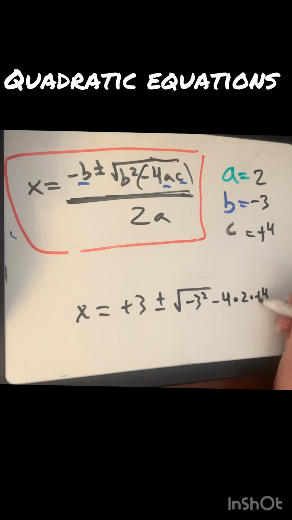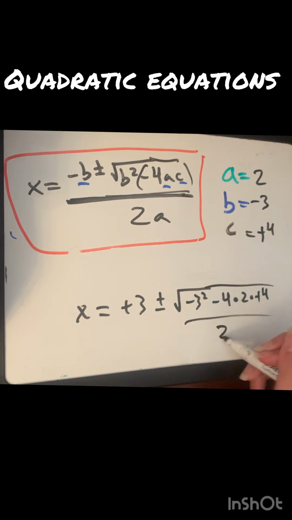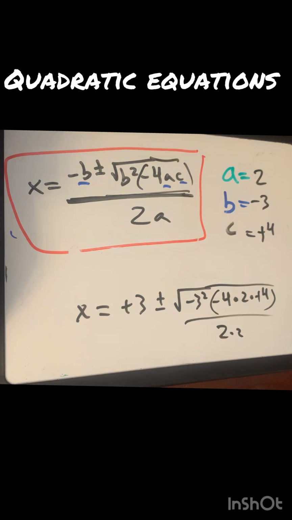Sorry, c is plus 4. Sorry, that's why I was calculating in my head. And then 2 times 2. So you do negative 4 times 2 is negative 8 times 4. That would give you negative 32.